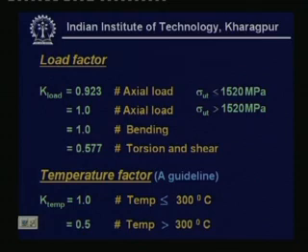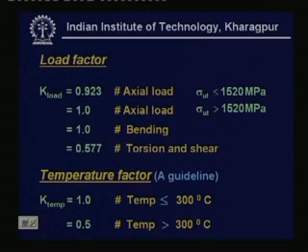Normally, for the axial load, K load is 0.923 whenever the ultimate strength of the material is below or equal to 1520 megapascal, and it becomes 1 when it is more than 1520 megapascal.